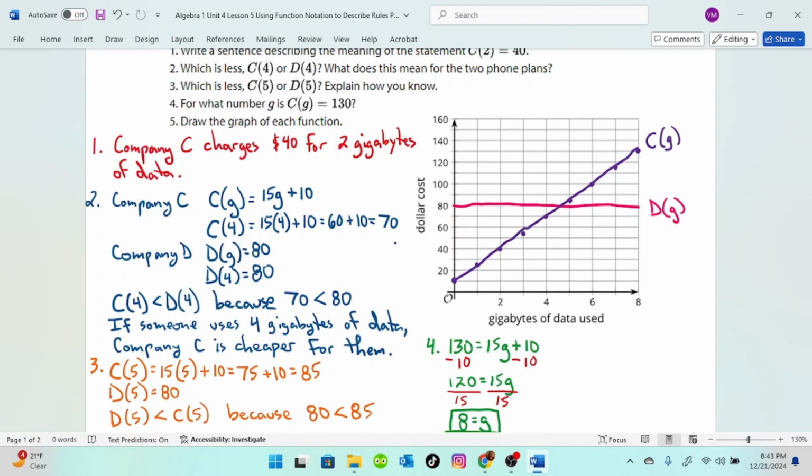So now what we can see here is that anything below 4.5 gigabytes, function c would be cheaper. Anything over 4.5 gigabytes and d of g would be cheaper. And right about 4.5 gigabytes is where they cross, so that's where they're costing the same amount.